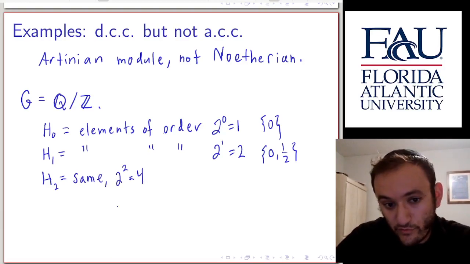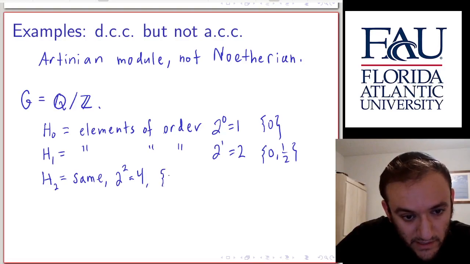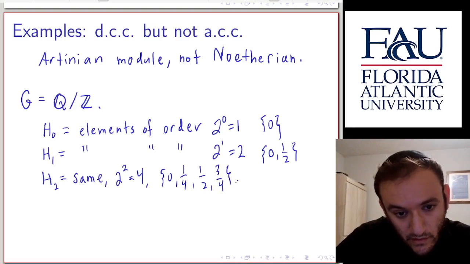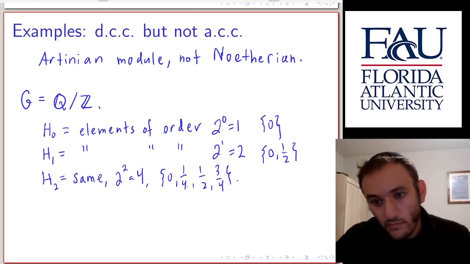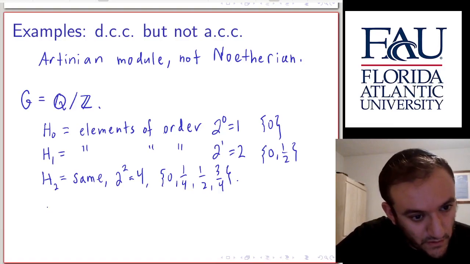So anything of order 4. So we're looking at the elements 0, a quarter, a half, and 3/4. So this is an ascending chain of modules.